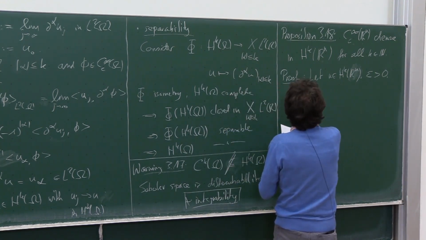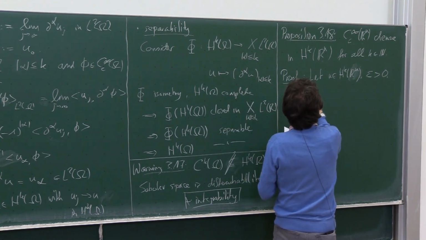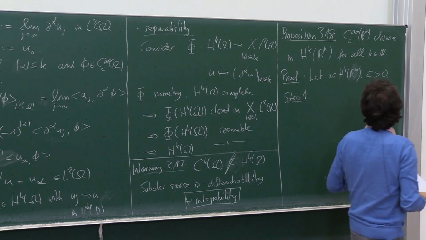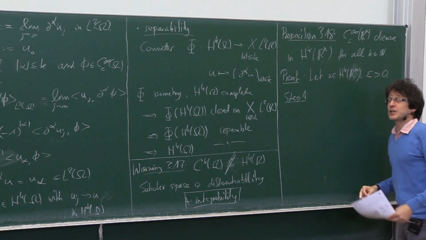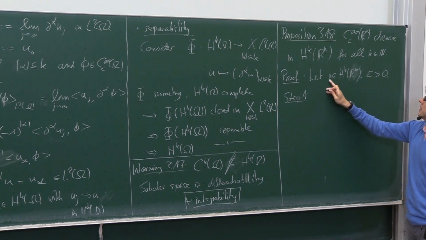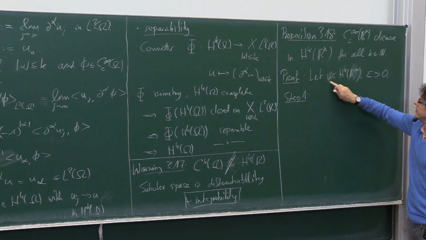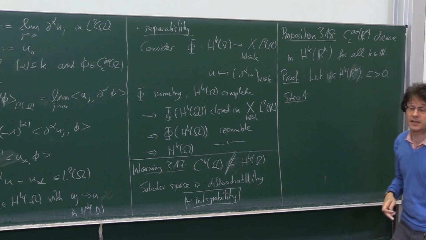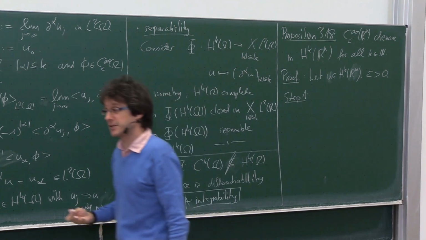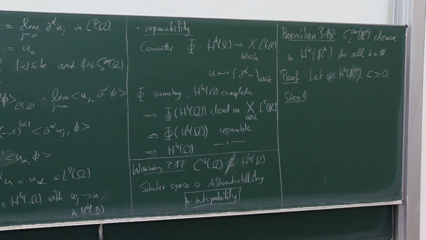And we will do this in 2 steps. What are the problems? u is not itself in C_c^infinity. Probably it's not smooth enough, and probably the support is too big. So we will address these issues step by step.